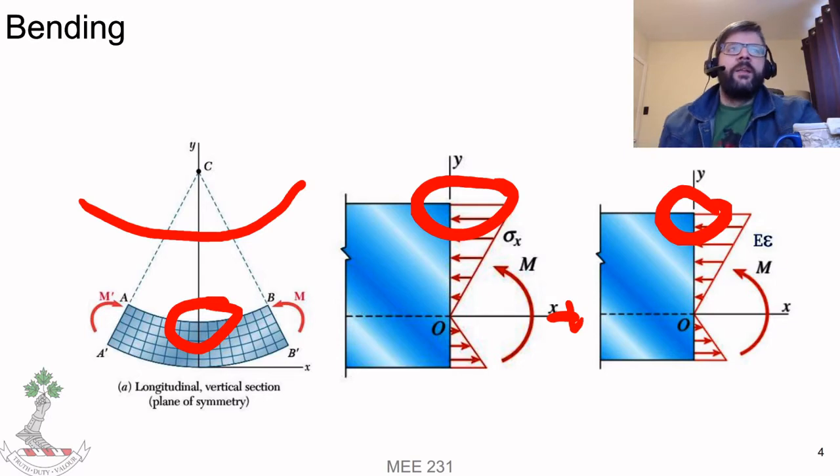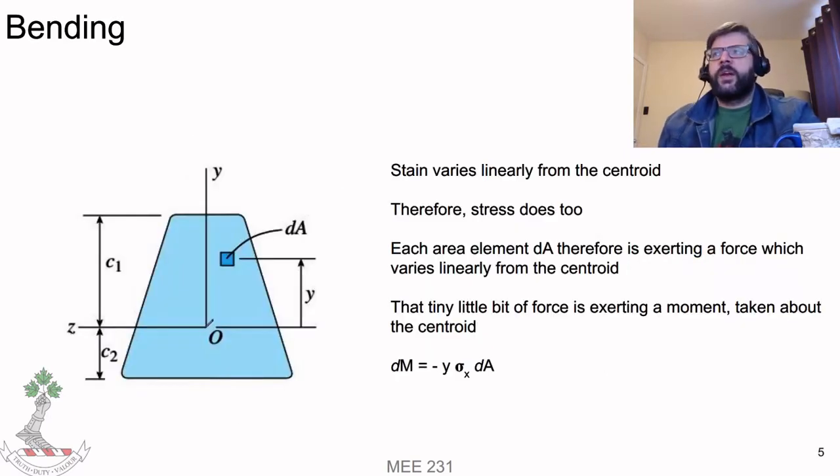So the strain is going to vary from some point. The neutral axis is going to happen at the centroid of the cross section. That's the way it works. Whatever the centroid of this cross section is, that's going to be the neutral axis.